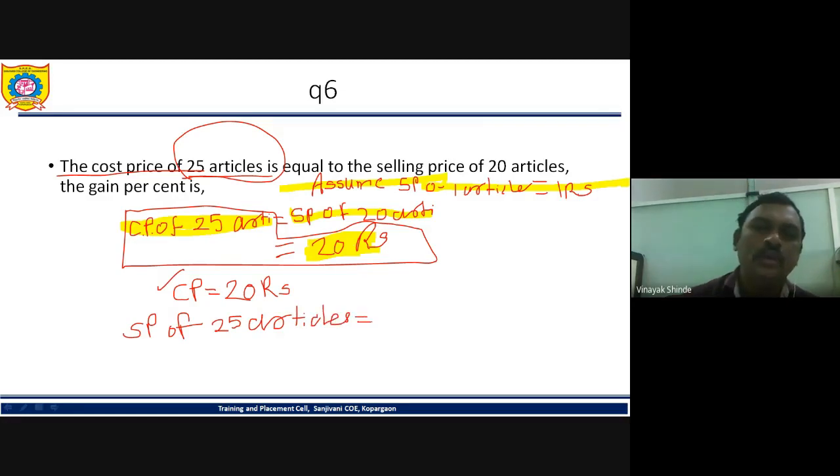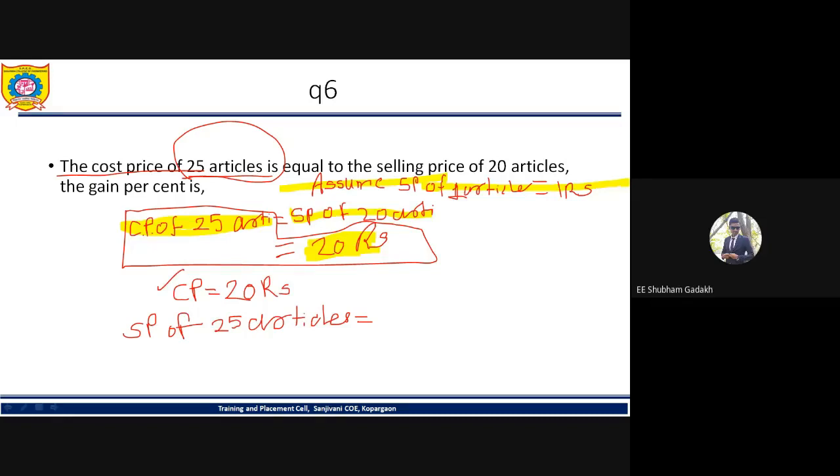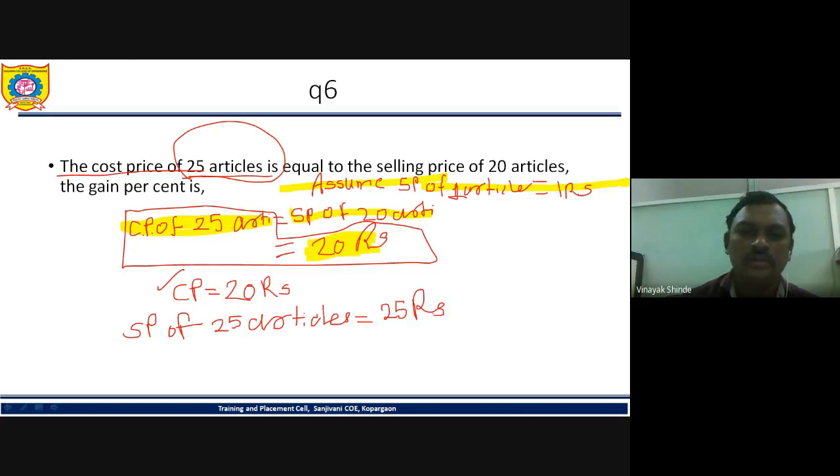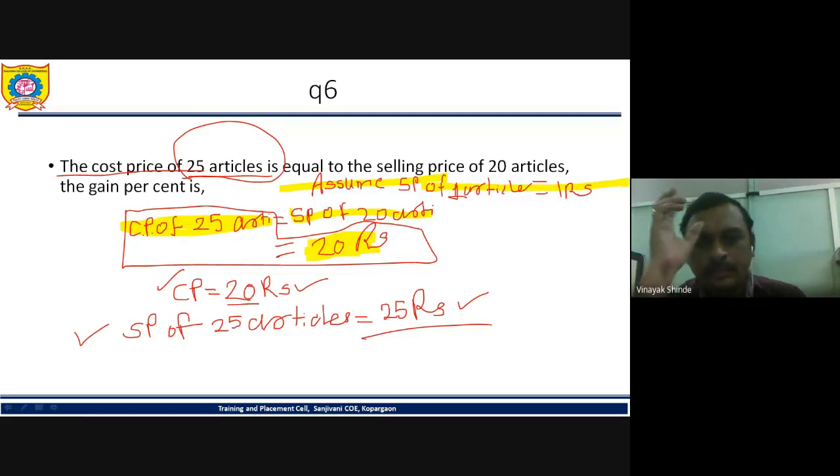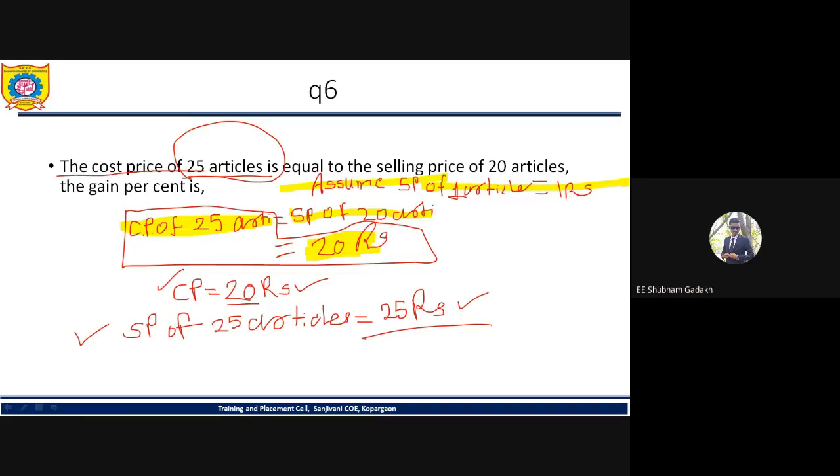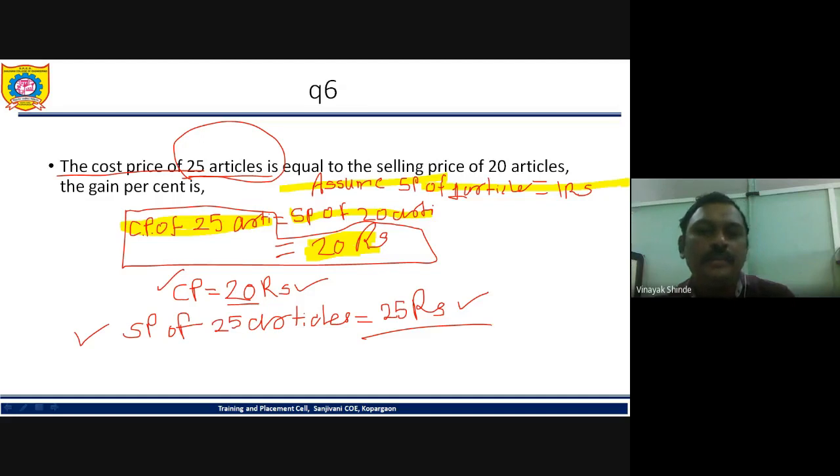If I am selling one article at 1 rupee, then for how much will I sell 25 articles? 25 rupees. So selling price is 25, cost price is 20. Is it a profit or loss? I bought 25 articles for 20 rupees and sold them for 25 rupees.